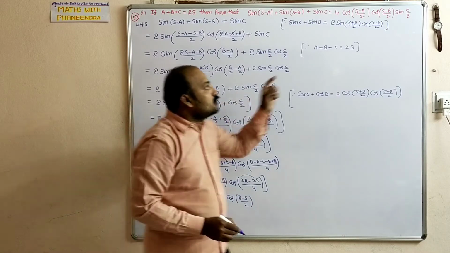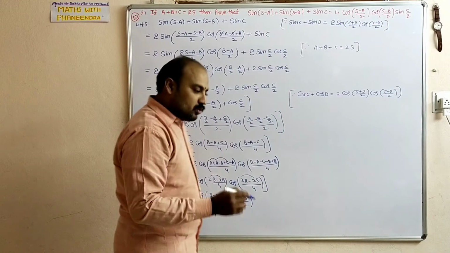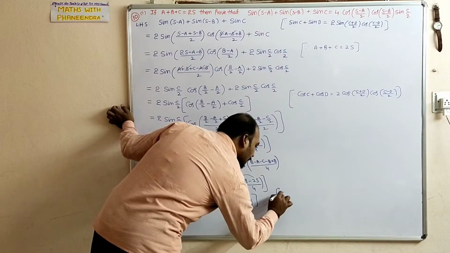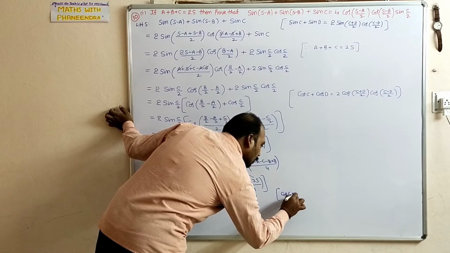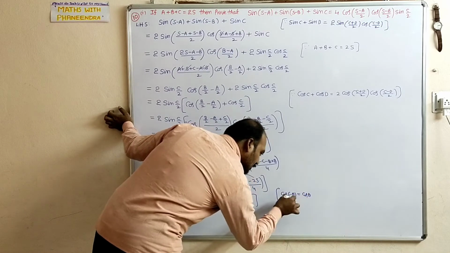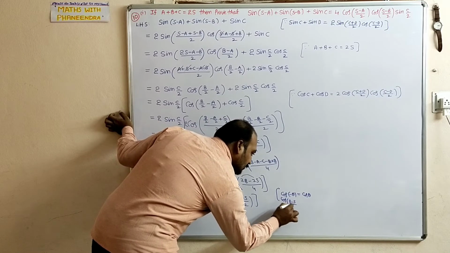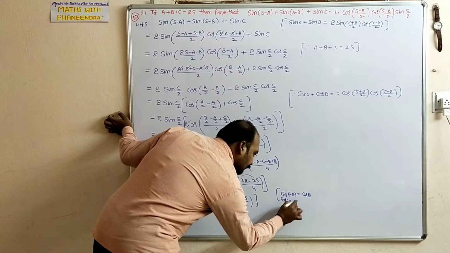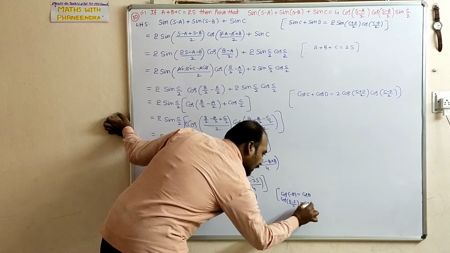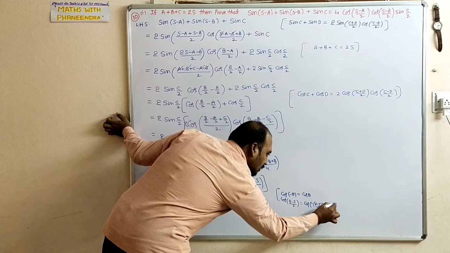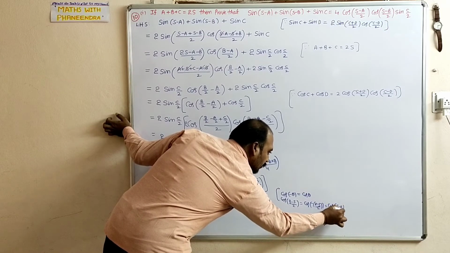But I want to show cos of (s minus b) by 2. So what do we have to do? Take common minus. If you take common minus, cos of minus theta is cos theta only. So using this property, cos of (b minus s) by 2 we can write as cos of minus of (b minus s) by 2, that is equal to cos of (s minus b) by 2.